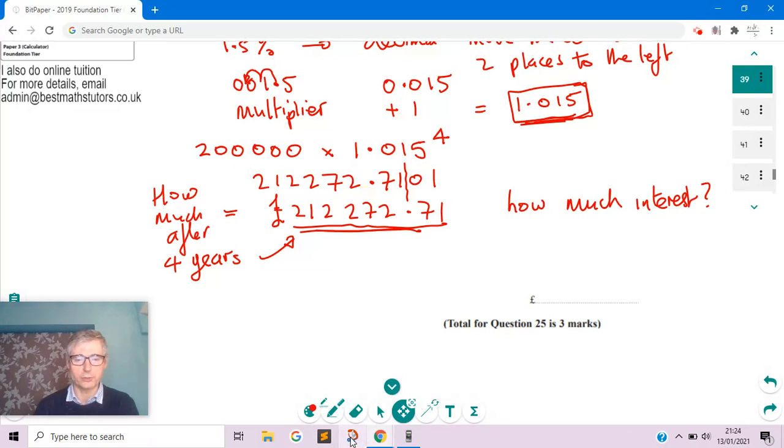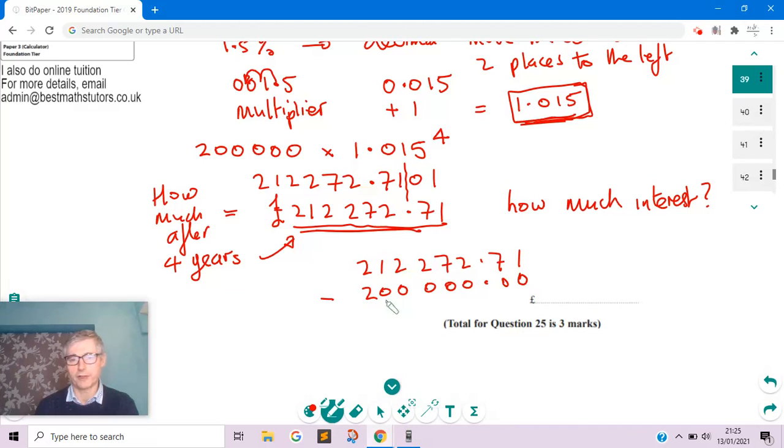So all we need to do to work out the interest is to take our 212,272.71 and subtract from it £200,000, because that was our original amount. I'm going to put 00 after that, so we've got as many decimal places to take away from it.